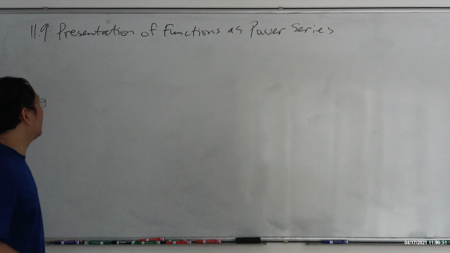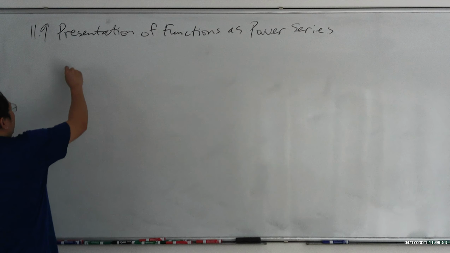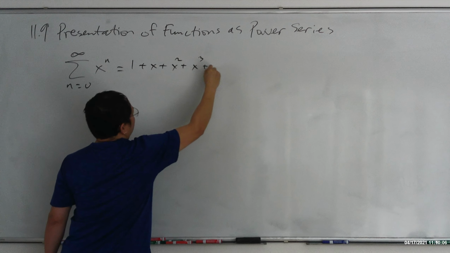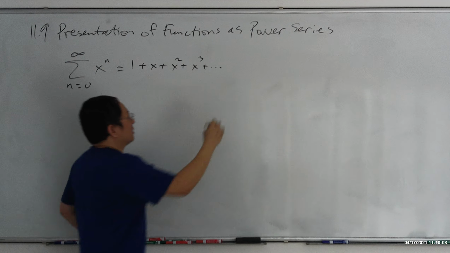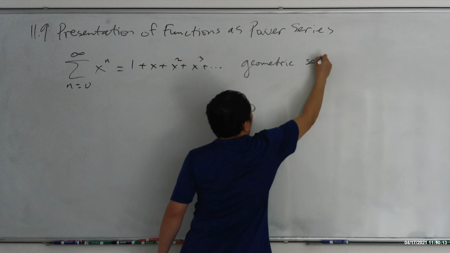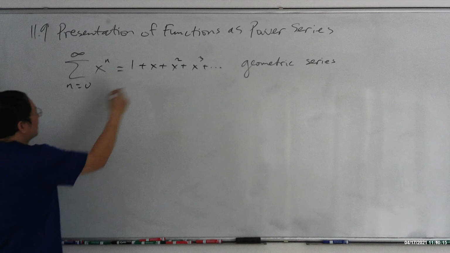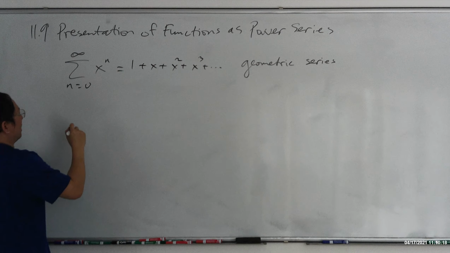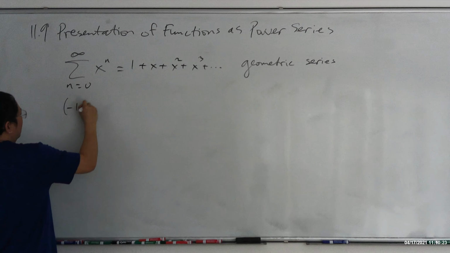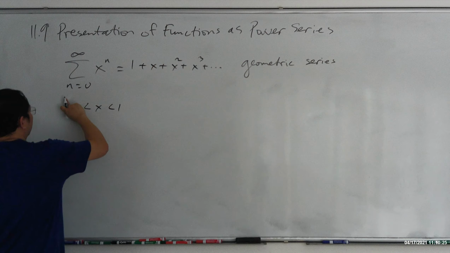So let's start with something that we know. The sum of x to the n running from 0 to infinity. This is 1 plus x plus x squared plus x cubed plus... This is what? Geometric series, right? The center is at 0 and the interval of convergence is -1 to 1. So it converges when -1 is less than x, less than 1.